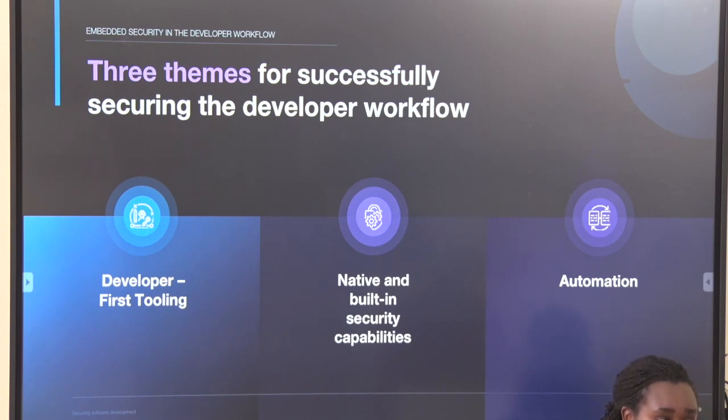And the third theme for a developer workflow is automation. When we're talking about DevSecOps, it's mainly about automation, people and processes, and tooling. But nowadays you find people concentrating so much on tooling, when the main things are around your people and your processes.